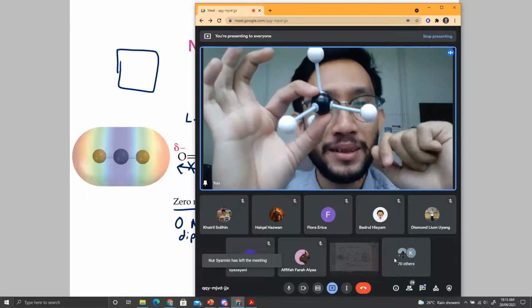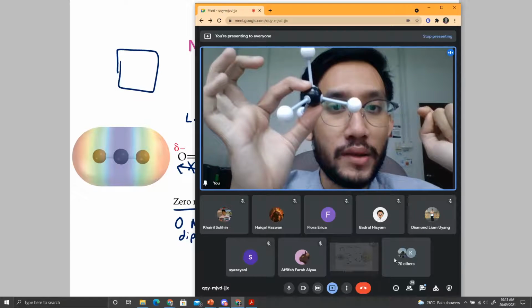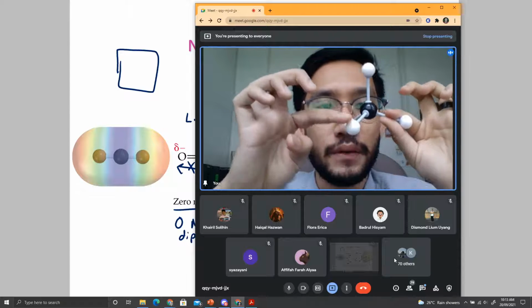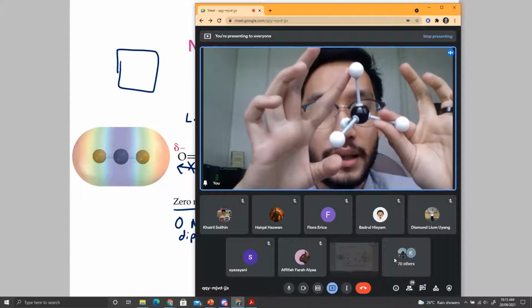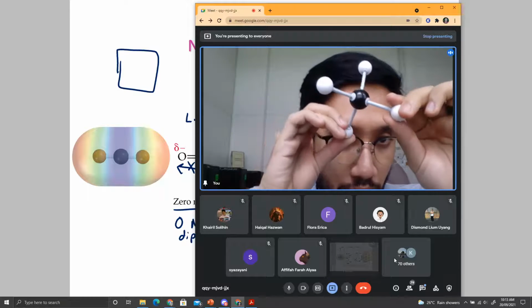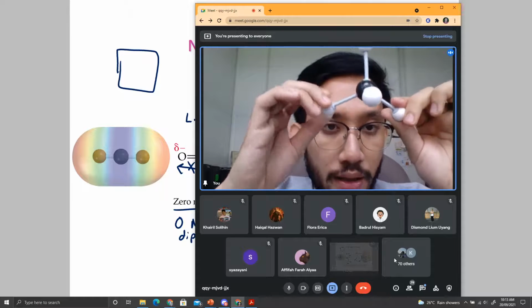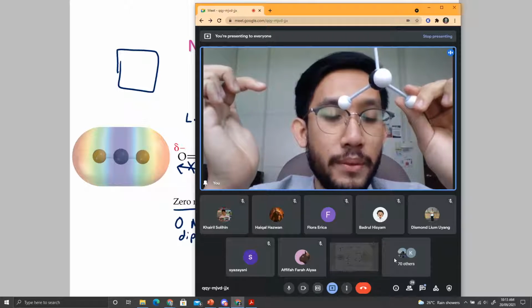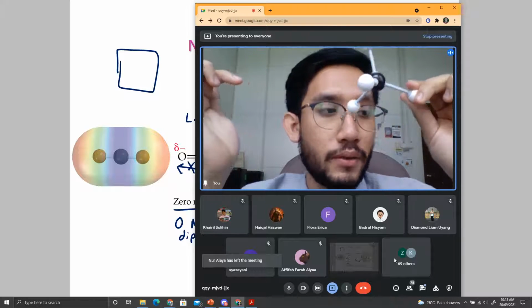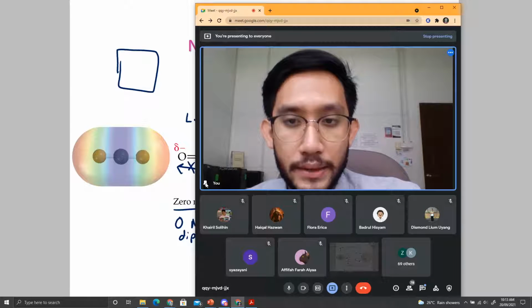So you kira semua, all of these vectors akan cancel out each other. Contohlah, this is carbon, this is fluorine. This akan cancel out each other. Even though you guys nampak they actually not cancelling out kan. But kalau you kira all the angles, 109.5, it cancel out each other. So let's go back to our side.